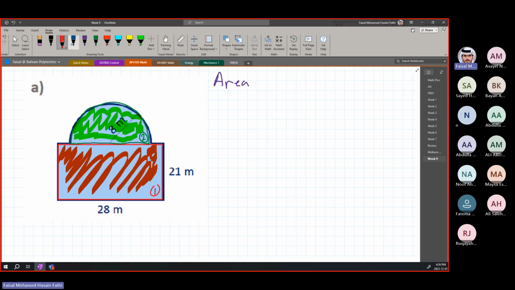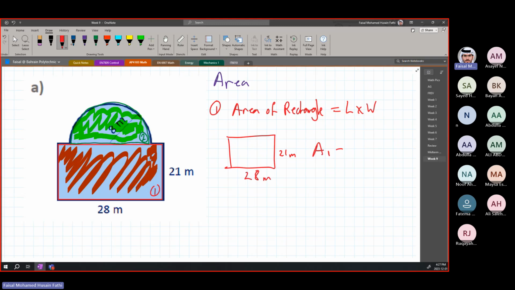Okay, let's start with the rectangle, 1. It's an area of a rectangle, so it's length times width. The rectangle is 28 by 21 meters. So A1 is equal to 21 meters times 28 meters.